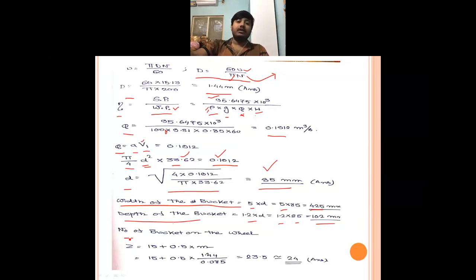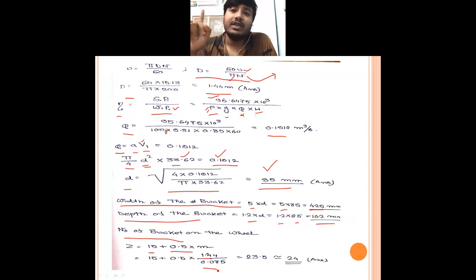Now we have to find out how many buckets are mounted on the wheel. This is 15 plus 0.5 into the Z ratio, that is capital D by small d, 1.44 by 0.085.